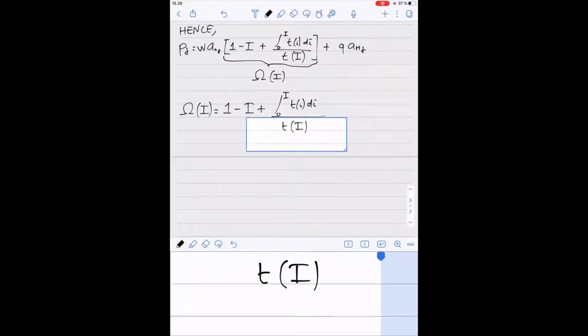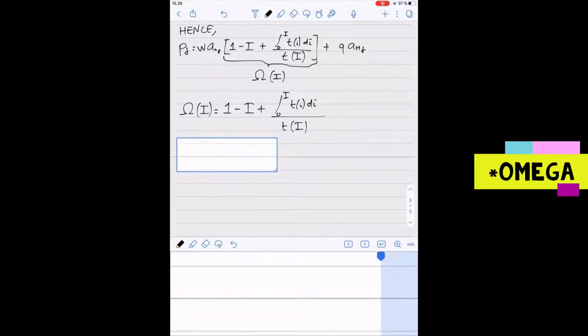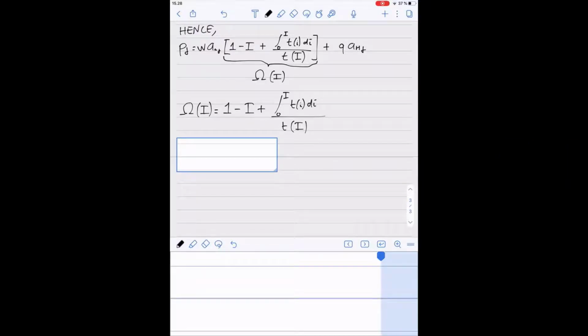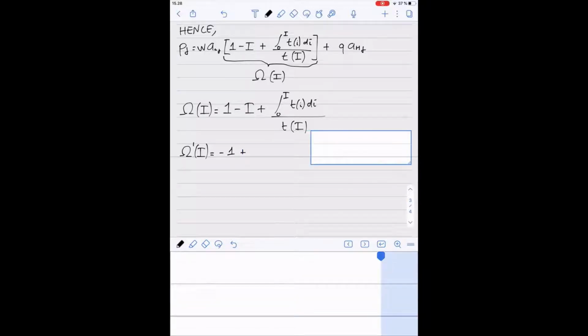Now, before we discuss the interpretation for this capital omega, let us derive the derivative of it to understand whether it's increasing in capital I or not. So omega prime equals minus 1 plus, so let's go derivative of the numerator. For that we need the Leibniz rule for the integrals.